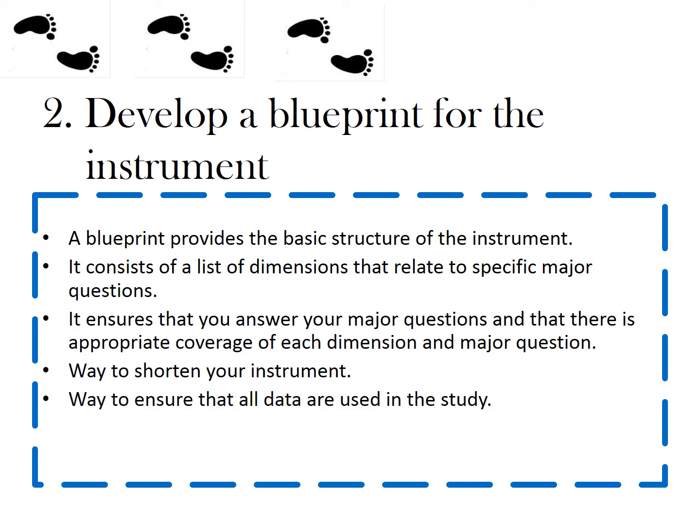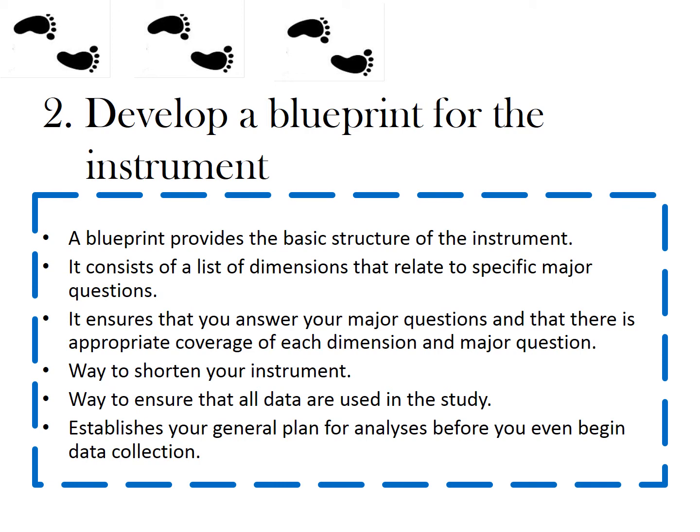A blueprint can also help you establish your general plan for analysis before you begin data collection, because every needs assessment item included on your data collection tool is linked back to a major needs assessment question.